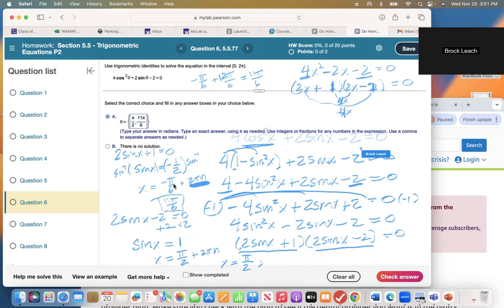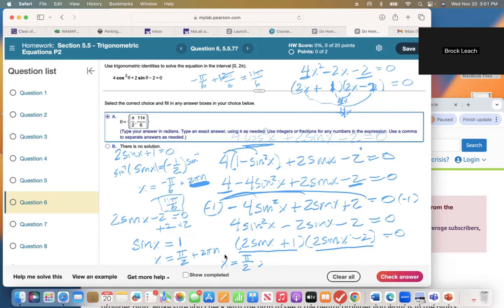Did you solve the pi over 2 plus 2 pi? Well, pi over 2 is the answer on the second one because we got positive 1. Add 2 and then divide by 2.